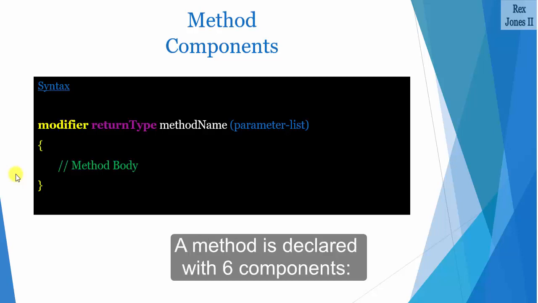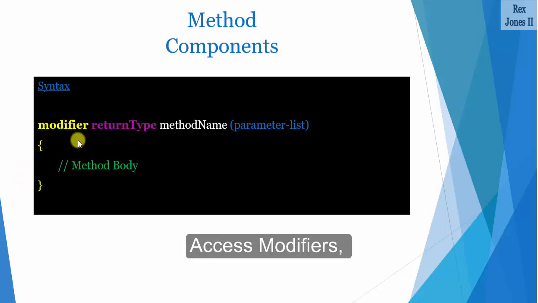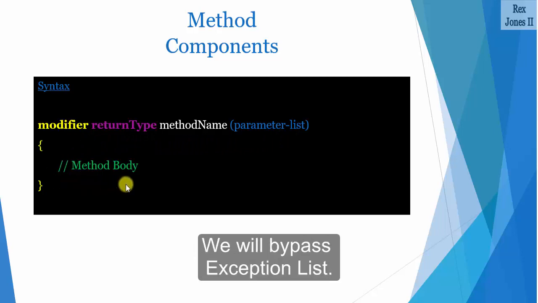A method is declared with 6 components: access modifiers, return type, method name, parameter list, exception list, and method body. We will bypass exception list.